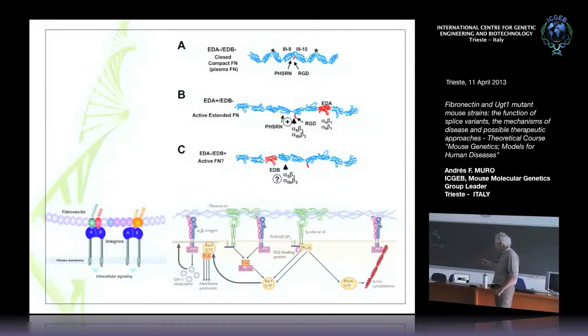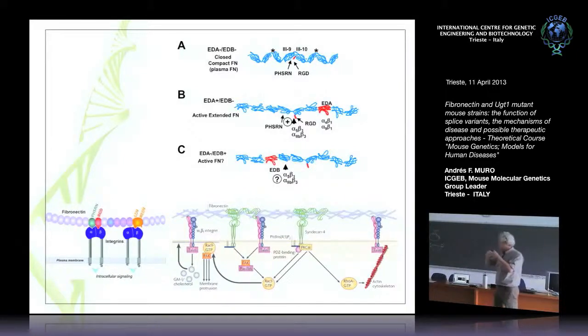In the case in which the EDA is not included, the protein has a closed compact form, which is less active. The cell binding domain contains 3 amino acids, RGD, which are active in the binding to integrins.